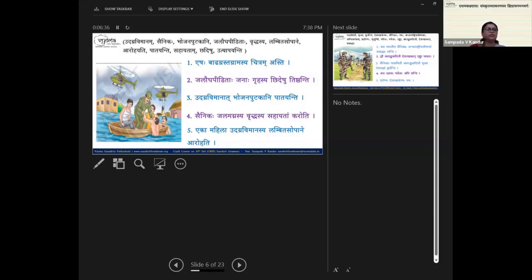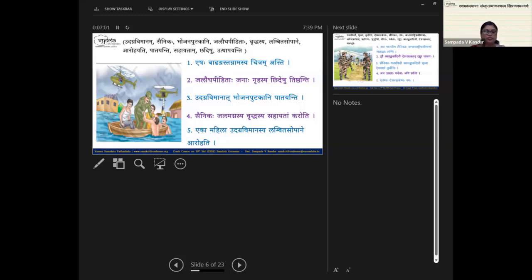Yes. So now you see here, almost all words are there in the bracket itself, right? Udagra Vimanam, Sainikaha, Bhojana Putakani. Bhojana Putakani means food packets, right? Jalogra Piditaha, which are victims of those floods. Vruddhasya, Lambita Sopanam. Lambita Sopanam is this hanging ladder.